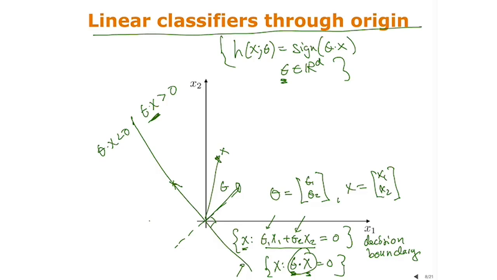There are multiple parameter vectors theta that define exactly the same classifier. Okay, but each linear classifier through origin has at least one, in fact many, parameter vectors theta that correspond to the same decision boundary, same decisions.